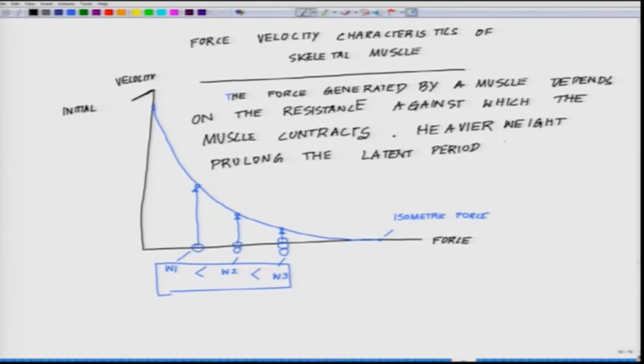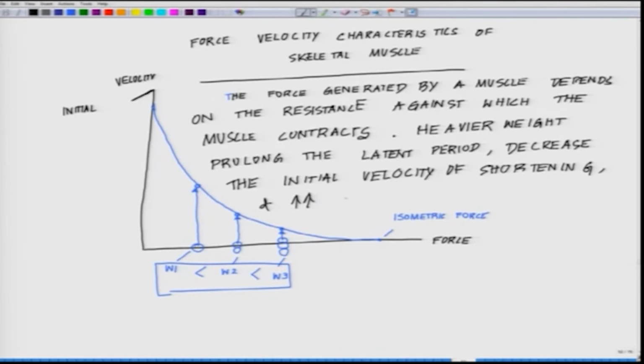Prolong the latent period, decrease the initial velocity of shortening, and increase the maximum muscle tension.